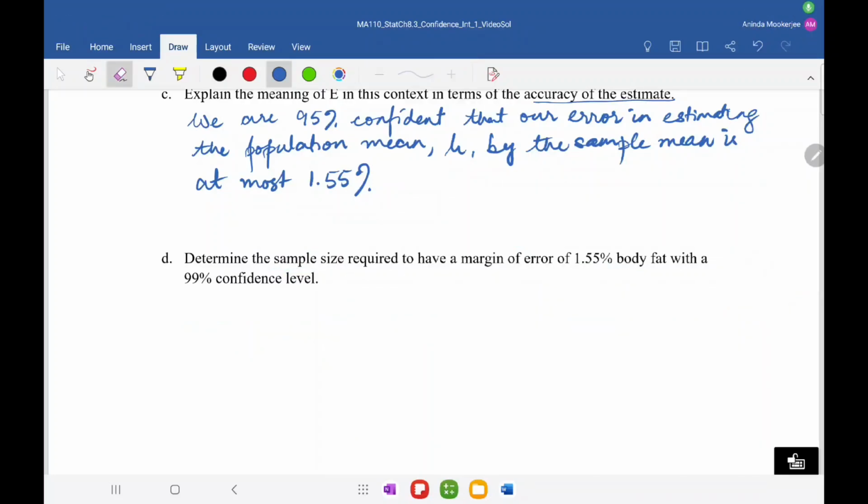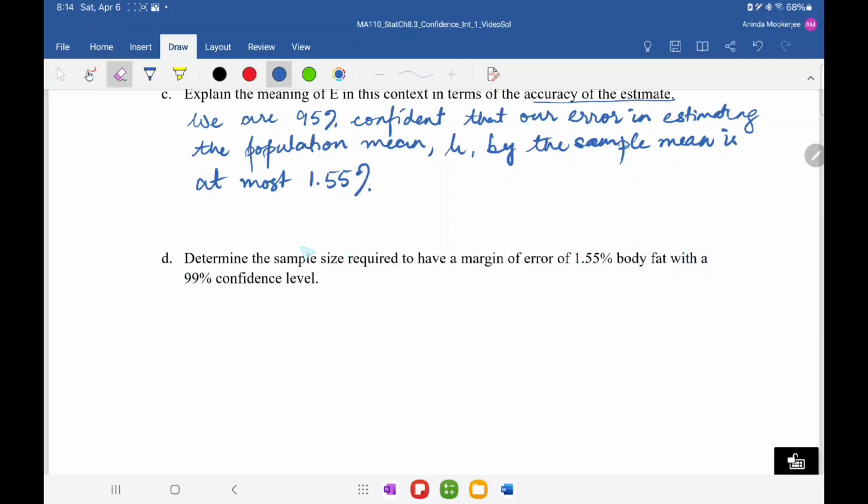Now, part D of question number 6 is asking us to determine the sample size required to have a margin of error of 1.55% body fat with a 99% confidence interval.